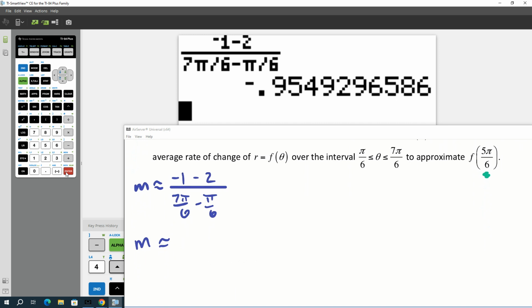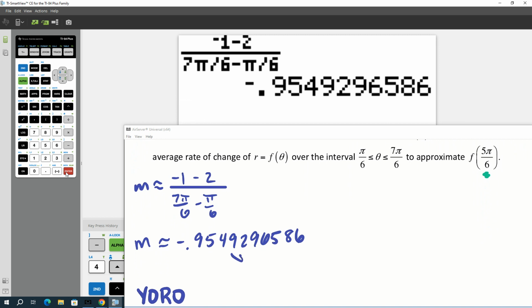Okay, so most likely on these, because we're subtracting pi's in the denominator, you're going to get some ugly decimal. And I want you guys to remember that you only round once. Not YOLO, your row. You only round once.